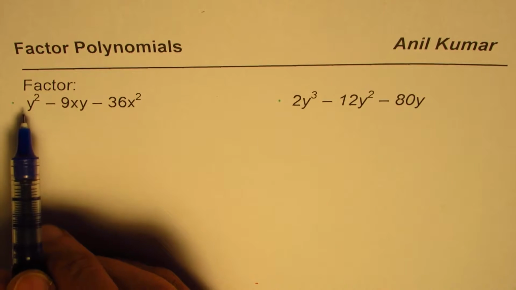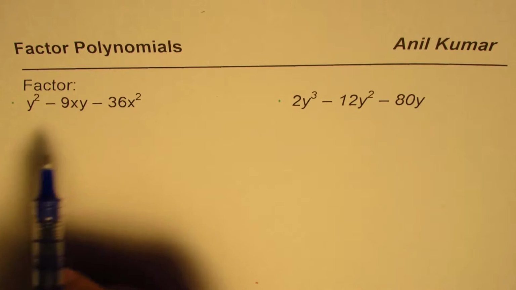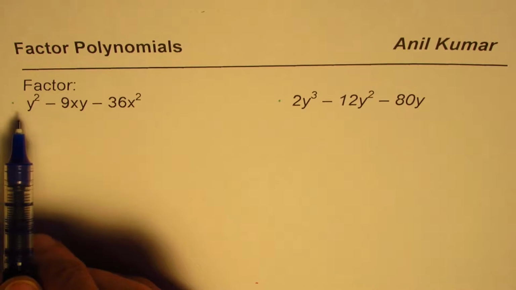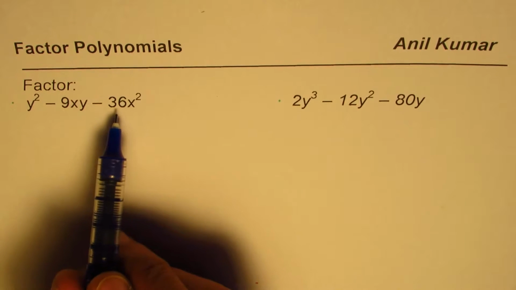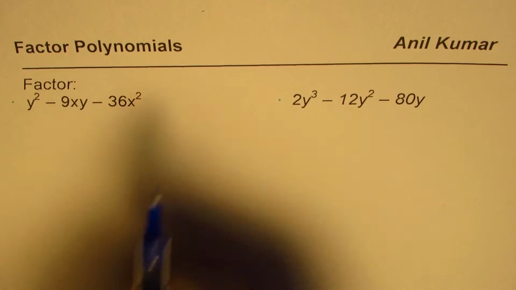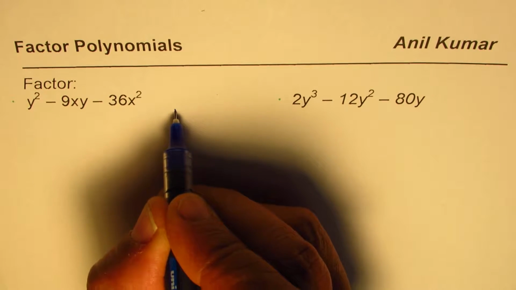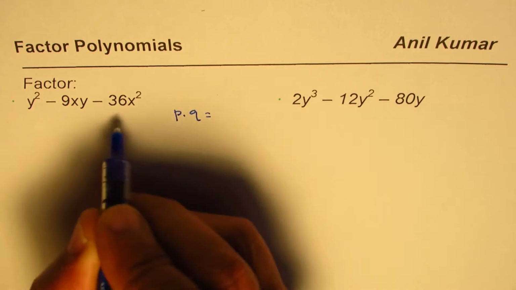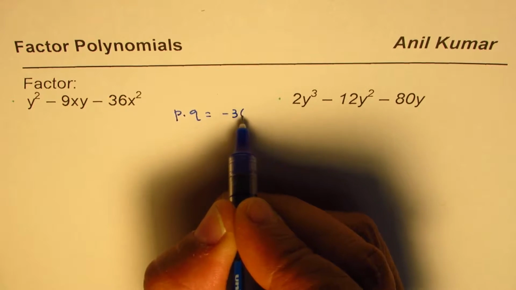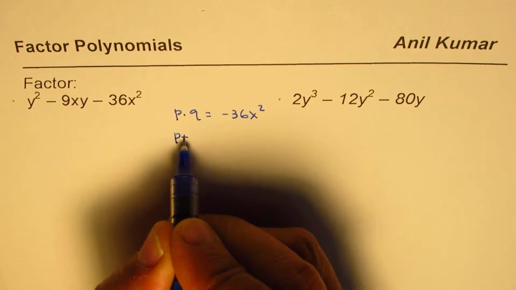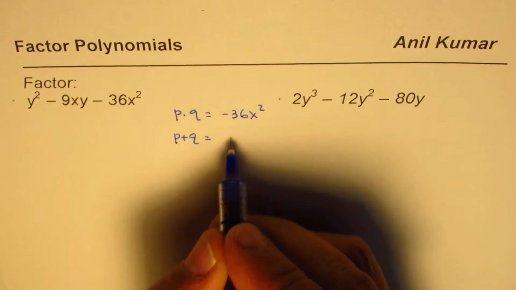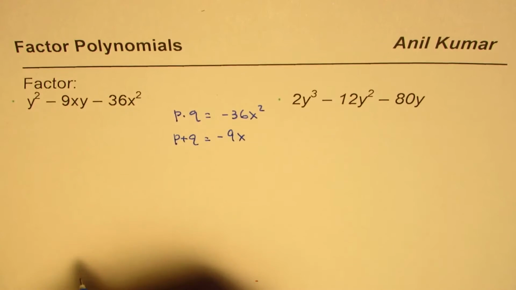So here the coefficient is 1 for this trinomial, right? Since the coefficient is 1, we could directly write down the equation. What are we looking for? We are looking for two numbers p and q whose product should be equal to minus 36x square, okay? And the sum of these two numbers should be minus 9x.